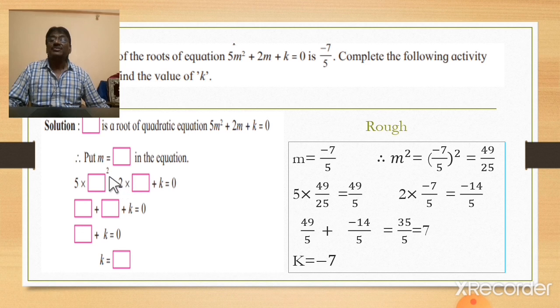Now put m equal to minus 7 upon 5. Now 5 into m square, you have to find out the value of m square. The value of m is minus 7 upon 5, and the square of this number we get is 49 upon 25.